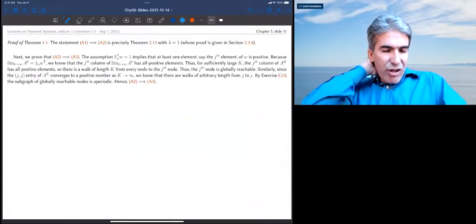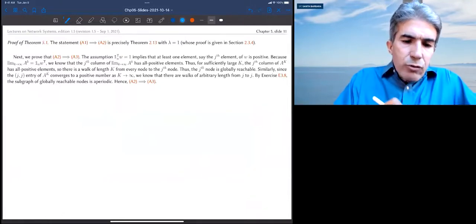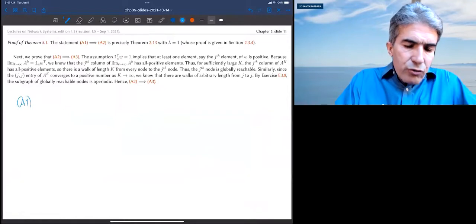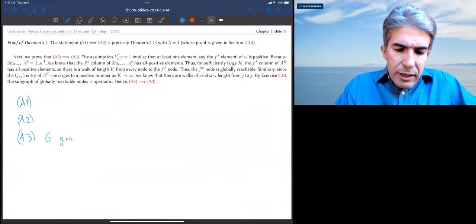Let me give you just a tiny bit of intuition for the proof. The most difficult thing for you here is just to remember what A1, A2, A3 were. A3 is that G has globally reachable nodes and they're aperiodic.